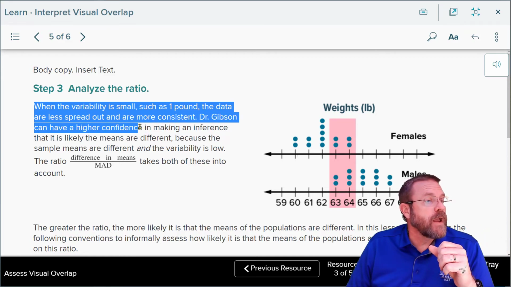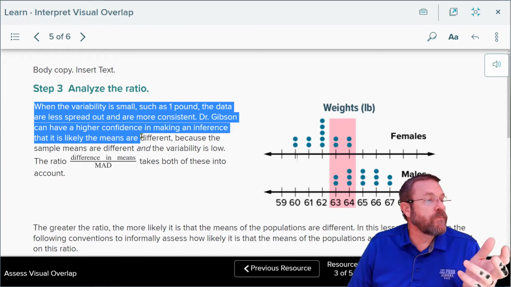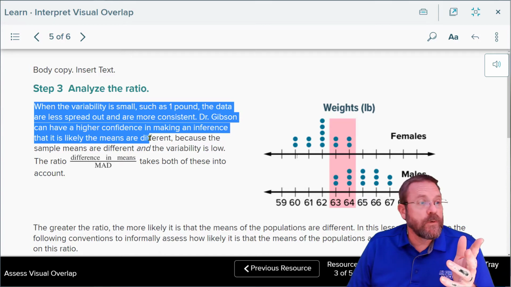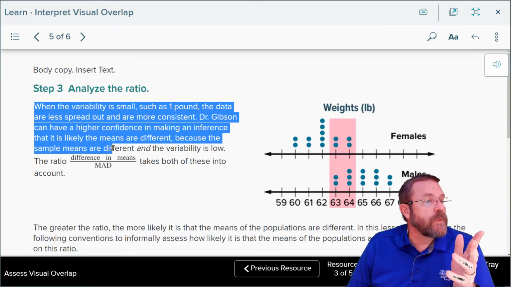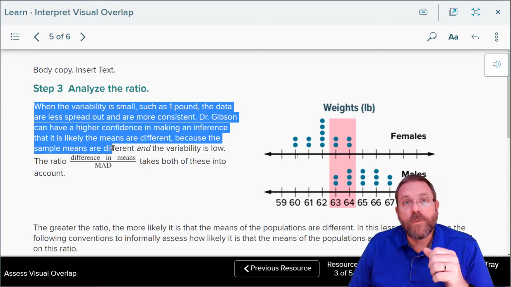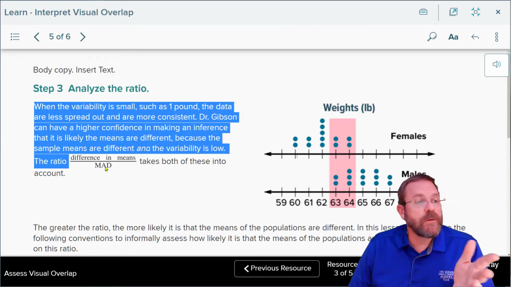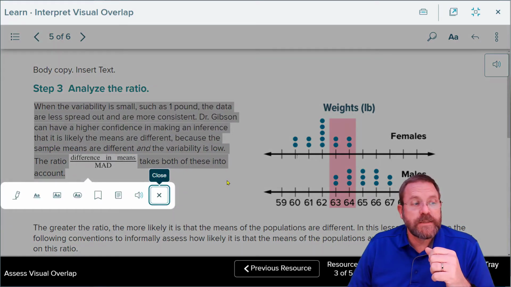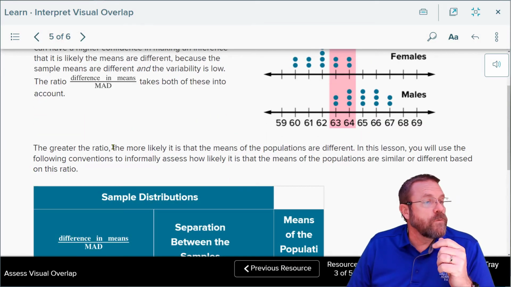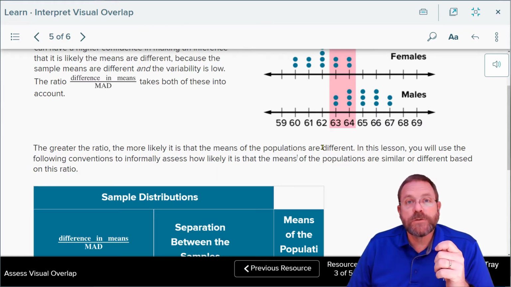Dr. Gibson can have a higher confidence in making an inference that it is likely the means are going to be different, or the averages are going to be different, because the sample means are different and the variability is low. The ratio of the difference in the means compared to the mean absolute deviation takes both of these into account. The greater the ratio, the more likely it is that the means of the populations are going to be different.